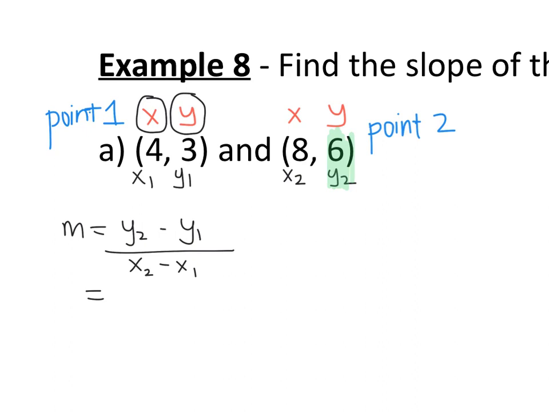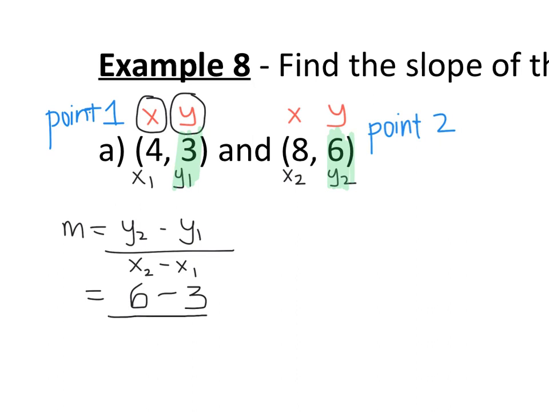That is the 6. So that's going to go in first, minus my y1 value. My y1 value is what I marked under 3. So that's going to go in my formula next. So I've got 6 minus 3.